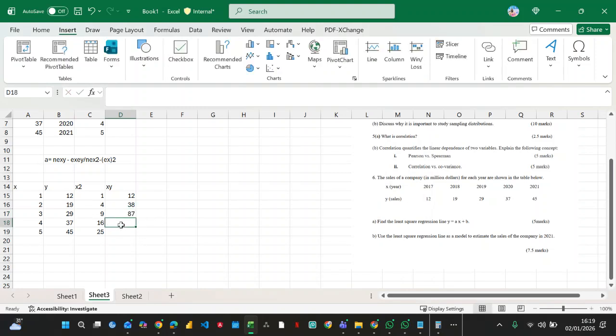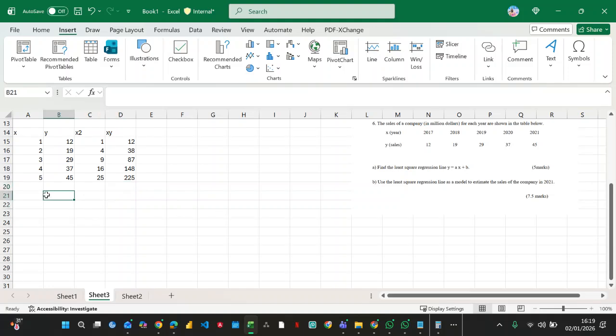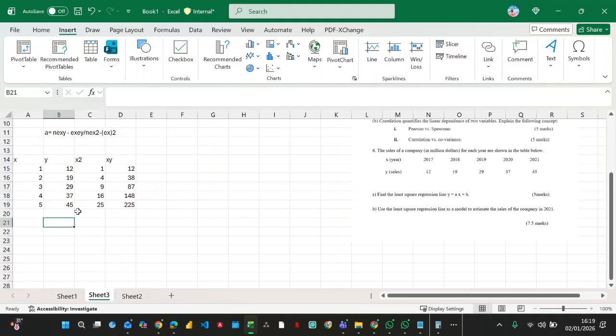5 times 55 is going to be 275. Divide it by 275 minus 225. So this will now be equal to 2550 minus 2130, which should give me 420, let me confirm, 240.